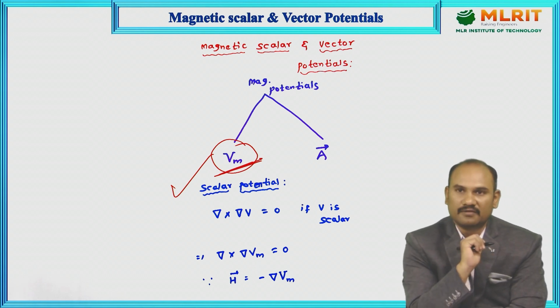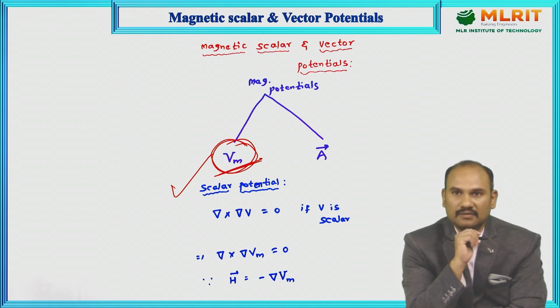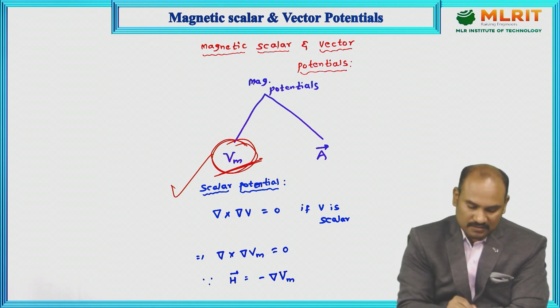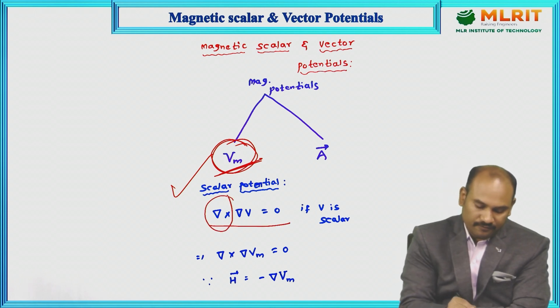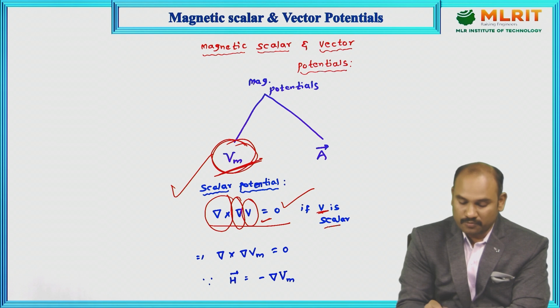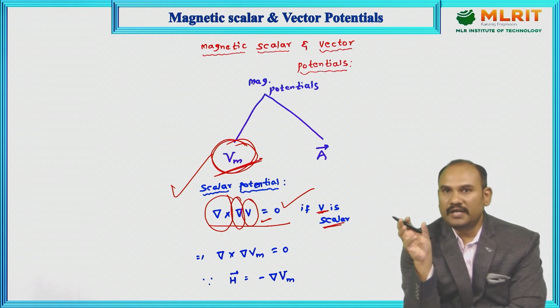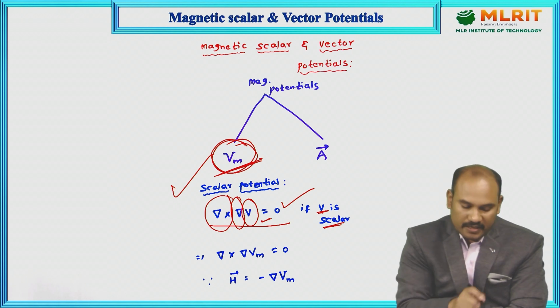If I am saying Vm is a scalar magnetic potential, then it has to satisfy this: the curl of the gradient of any scalar must be equal to 0. If I claim that some quantity is a scalar quantity, then it has to satisfy this.